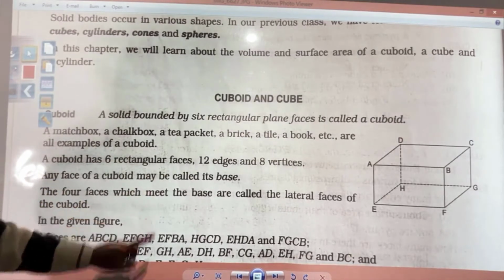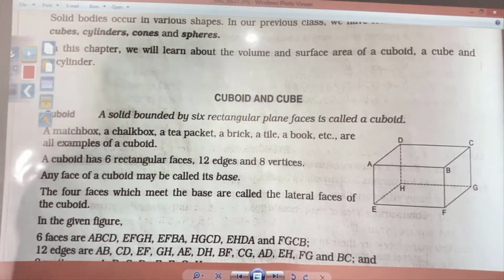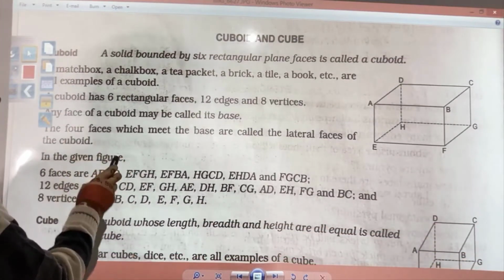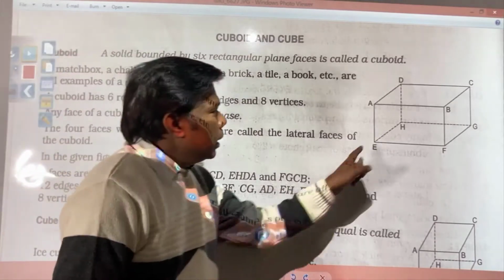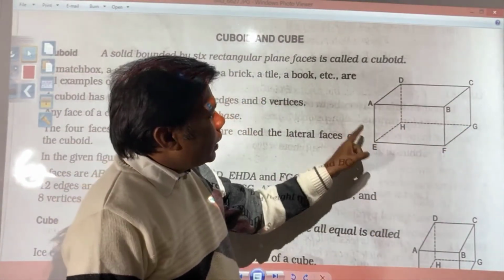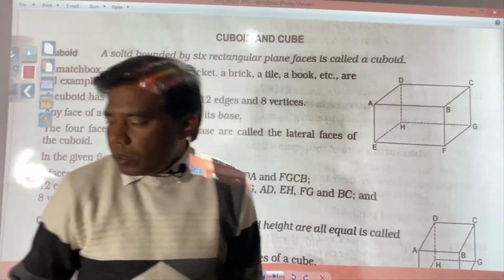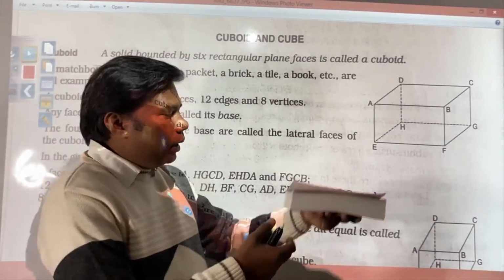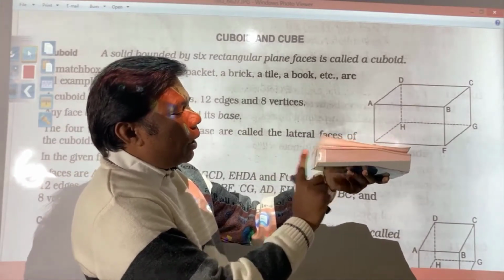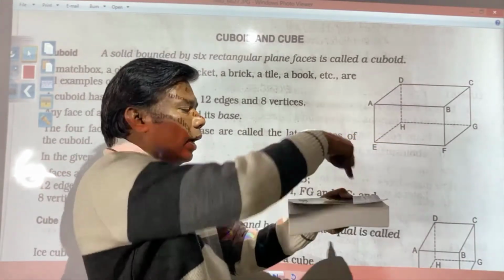The 4 faces which meet the base are called the lateral faces of the cuboid. Here suppose E, F, G, H is your base. Then 4 faces, this 1, 2, 3 and 4.